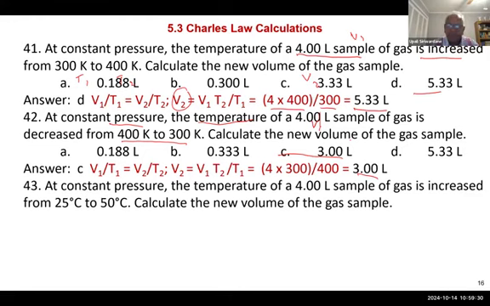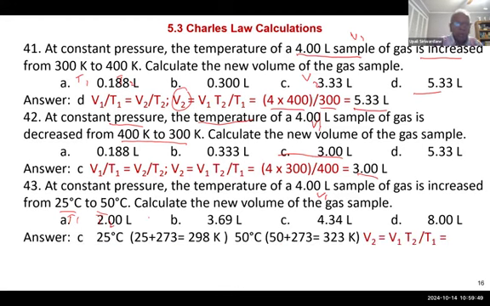At constant pressure, the temperature of a gaseous sample, V1, increases from, to, calculate the new volume. Now you have to convert these temperatures to Kelvin and solve for V2, the new volume.